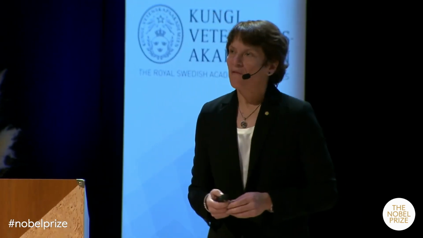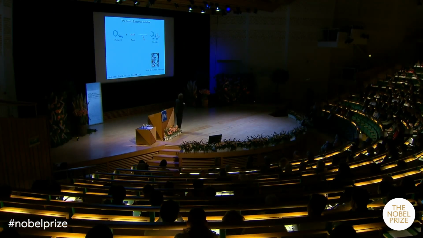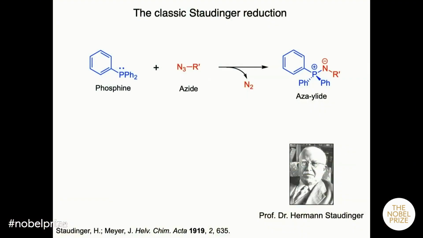So the reaction that we started with, and which ultimately was the first bioorthogonal chemical reaction, was a derivative of a very well-known chemistry from the German literature of the previous century. This is the classic reaction of triphenylphosphine with what turned out to be a very important functional group.